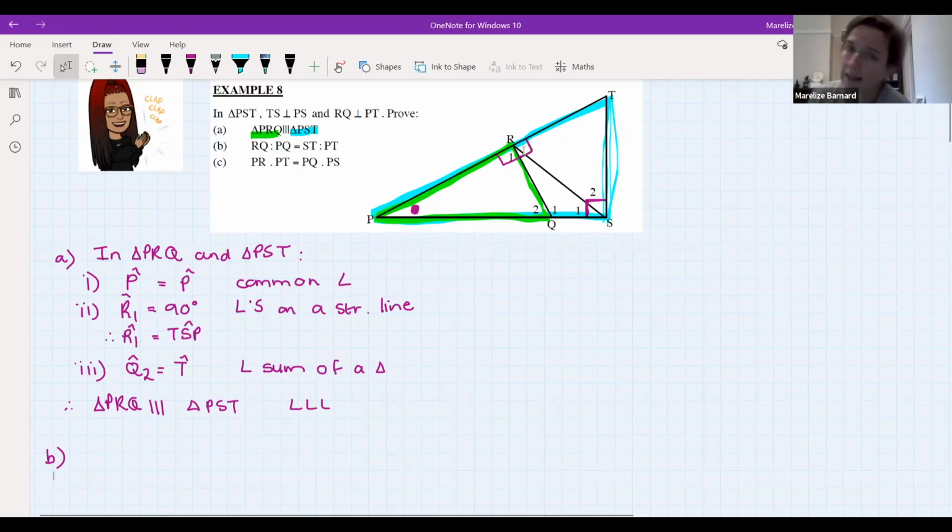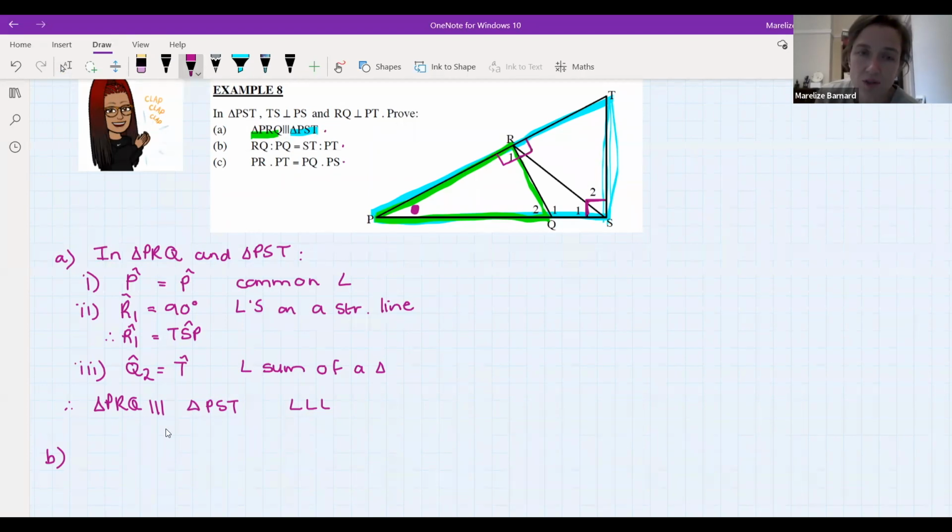So if the one's indicated as 90, then the other one is also 90 because of angles on a straight line. So rather play it safe and put it that way.